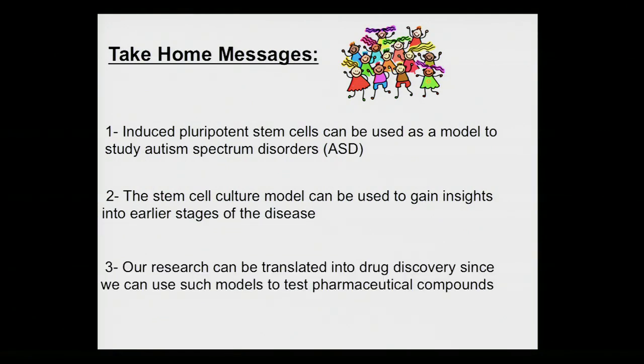And lastly, we think that our research can be translated into drug discovery, because we can use such a model to test pharmaceutical compounds. We did with IGF-1. Are there any other compounds that would improve the conditions of our cells?